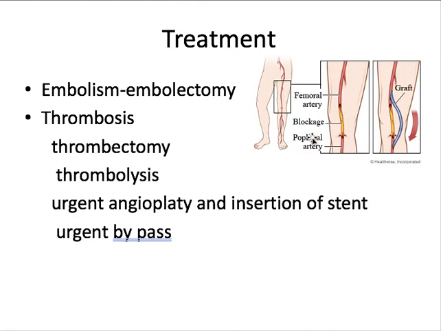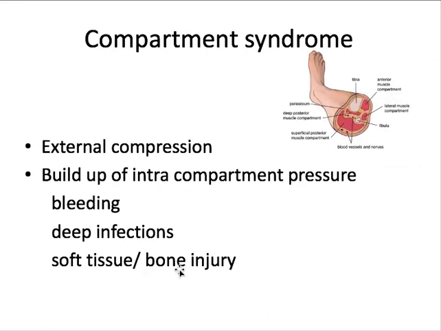But of course, if you salvage the limb, you can do a definitive procedure, angioplasty and stent or a bypass depending on the various factors. So after salvaging the acute phase, you may do this more planned. Or of course, if you have a good vascular unit, the patient is good, you may even do the permanent treatment urgently.